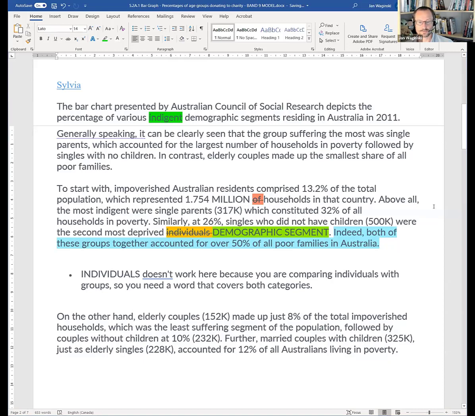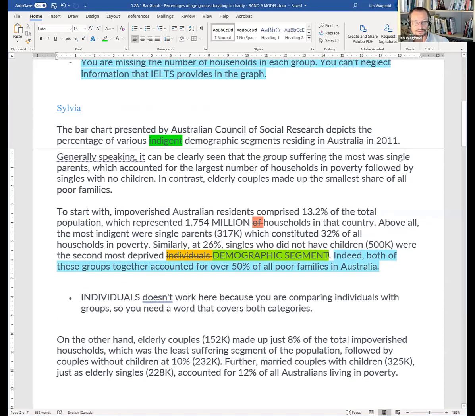Okay, go ahead. Similarly, at 26%, singles who did not have children were the second most deprived demographic segment. Indeed, both of these groups together accounted for over 50% of all poor families in Australia. Okay, so this is a phrase that everyone should be using, demographic segment. A lot of people struggled to find a phrase that can encompass both individuals and groups.